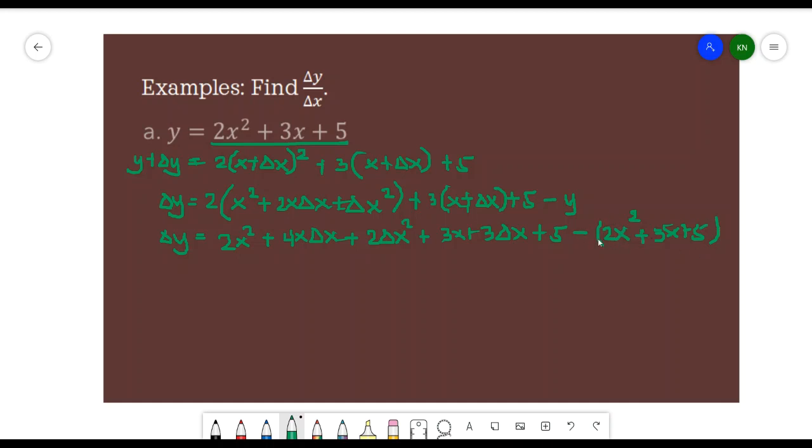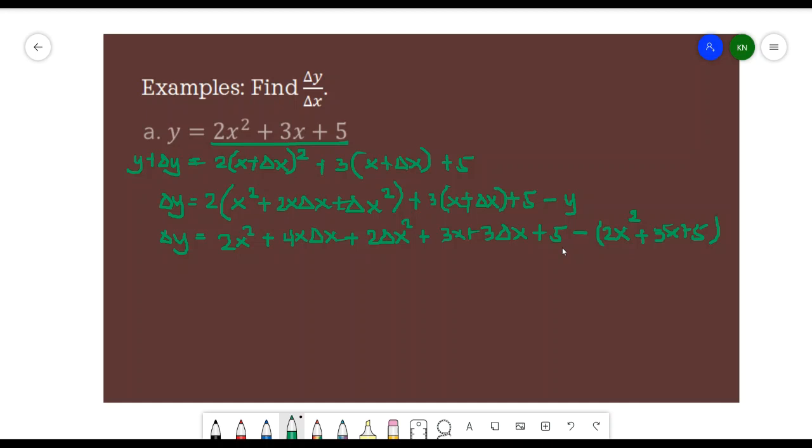You also need to distribute the minus sign into the function. If you do not put parentheses here, you might mistakenly understand that as minus 2x squared plus 3x plus 5, in which case it will be incorrect.